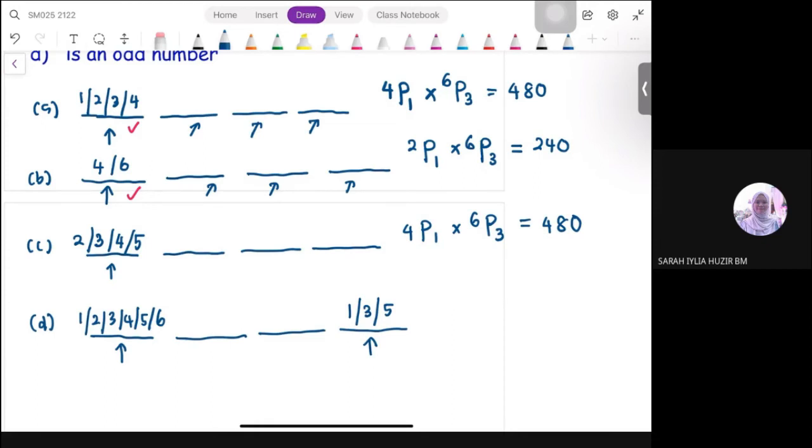Okay, so since our situation is without repetition, setiap nombor tu kita boleh guna sekali sahaja. Make sure each box tak ada nombor yang overlap. Okay, kalau tak nanti arrangement kita akan jadi berterabur. Sebab nombor tu kita tak pasti kita dah guna ke kita belum guna. Okay, so now we have a problem here. Kenapa? Sebab ada nombor yang overlap. 1, 3 dengan 5.